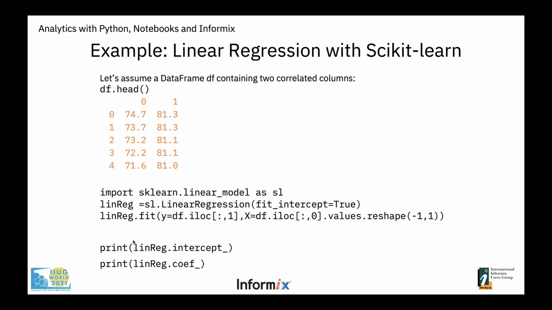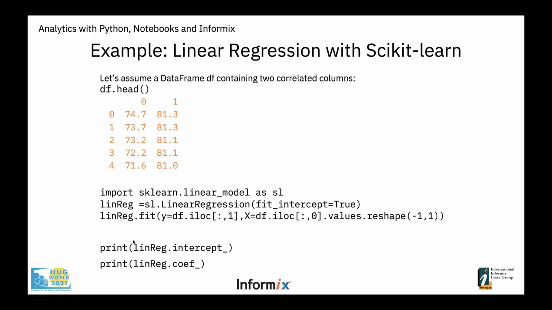And for doing that, you first have to import Scikit-learn, and since we want to do linear regression, we import the linear model. And the first thing is we create that linear model, we call LinearRegression with the parameter fit_intercept=True.